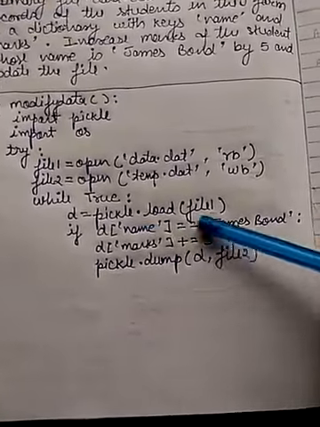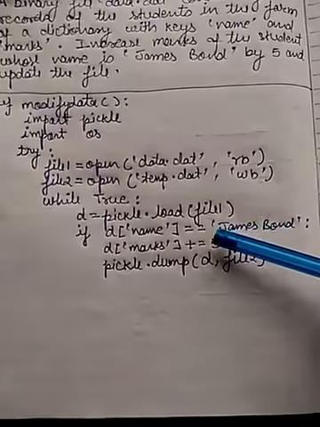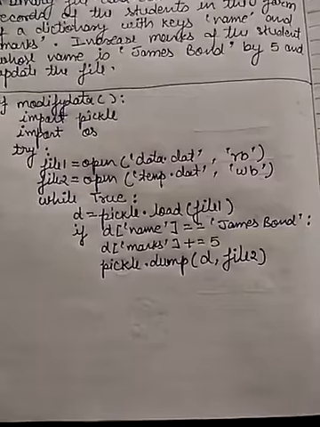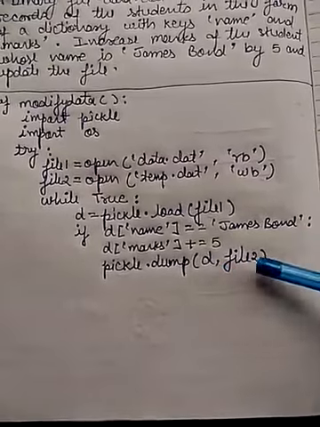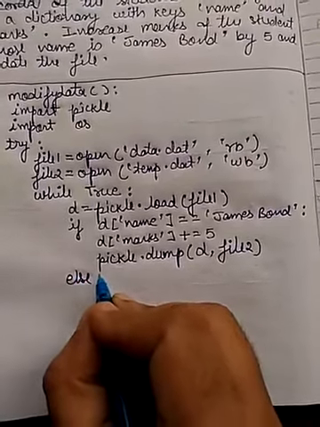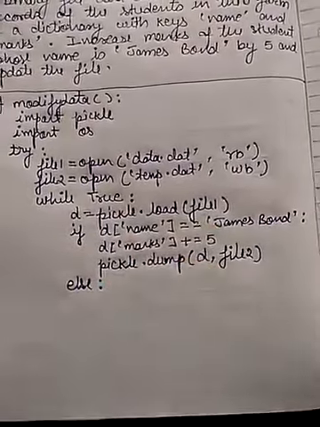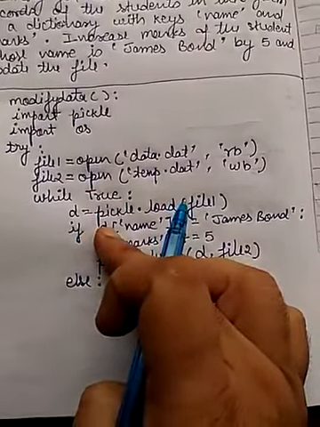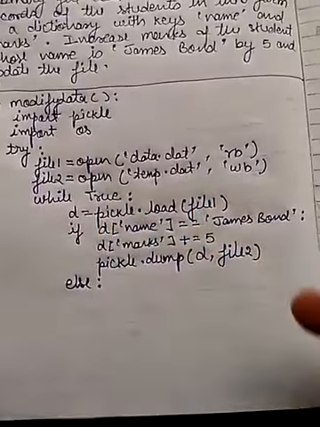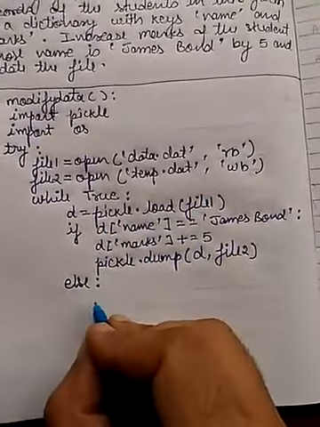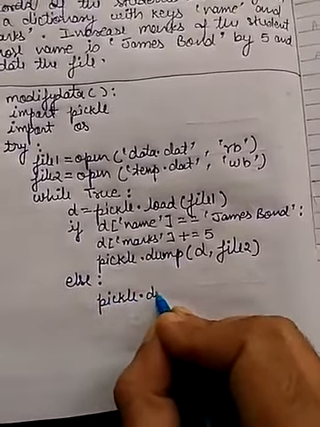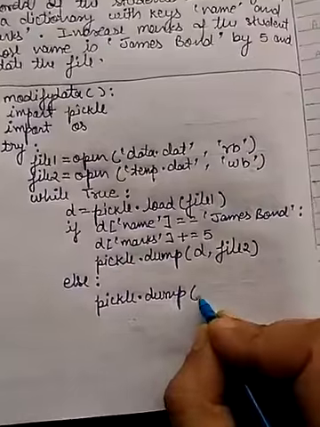So whenever the name James Bond will come, it will increase the marks of the person by 5 and it will dump the updated record in file2. Else, when the record loaded in D is not having the name James Bond, then we are writing that record as it is. So I am writing pickle.dump, what?